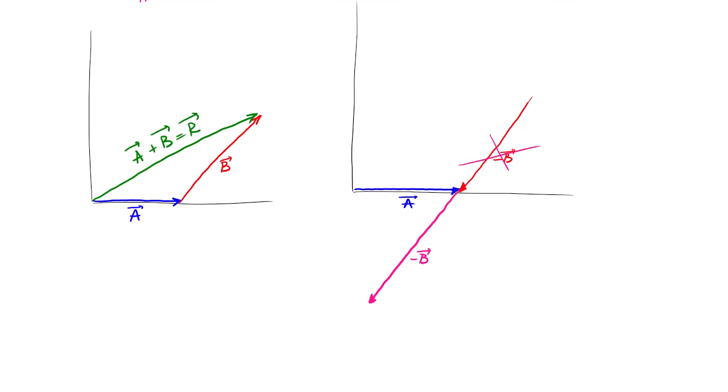So then I don't need this one because I moved it. Now my resultant vector would be from the beginning to the end. So this would be vector A minus vector B, which is vector A plus negative vector B.